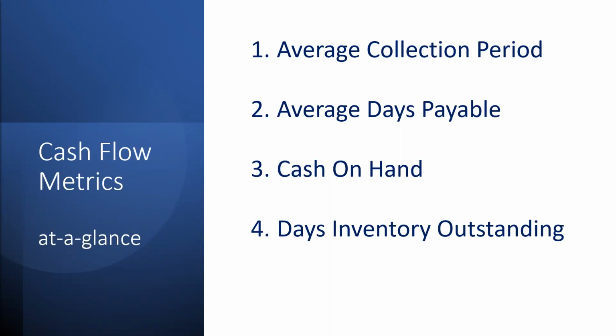And days inventories outstanding. So what this means is how many days does it take to sell your inventory? So what is your inventory turnover on average? You might find that there's certain things that sit on the shelf for a really long time. At that point, you may want to decide, is it a seasonal item and I just bring it in certain seasons? Is it an item that's just not selling and I'm not going to carry it anymore?